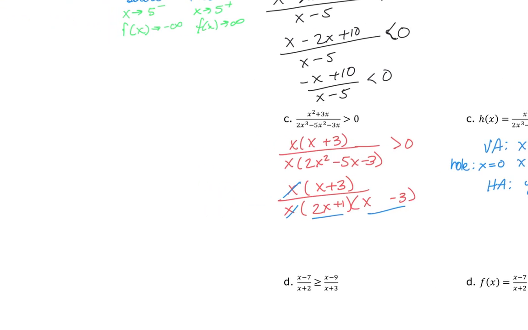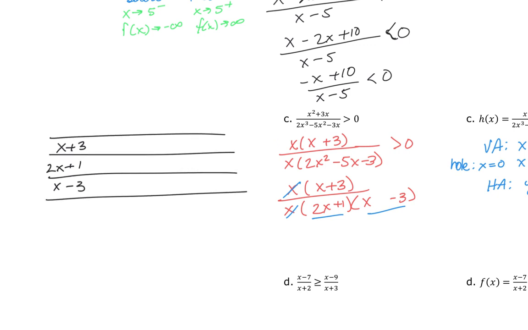I have x plus 3, 2x plus 1, and I have x minus 3. So this produces negative 3, this produces negative 1/2, this produces 3. So my smallest number is when x is equal to negative 3, when x is equal to negative 1/2, and when x is equal to positive 3.